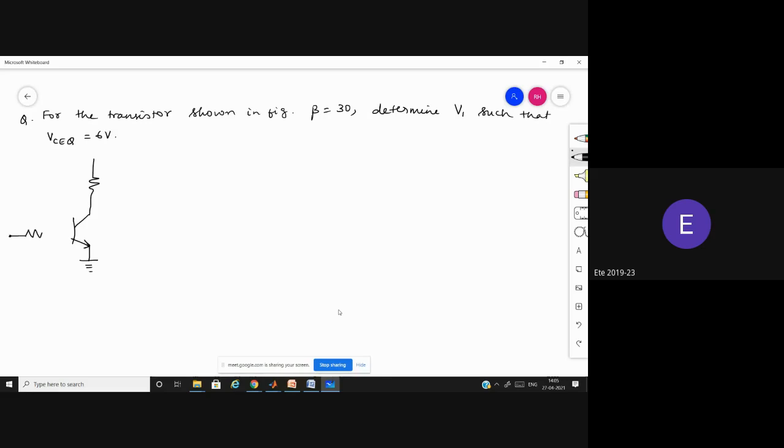So in this case, they are not asking any design and all. They are asking input only. What is the amount of voltage you are giving to the base? 1.5 kilo ohm. This is 2.2 kilo ohm. This is 12 volt. And beta they have given, it's 30.